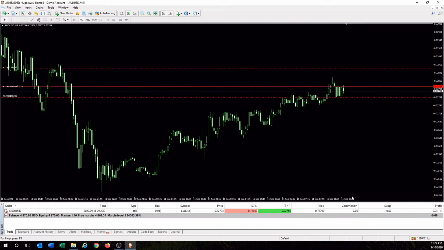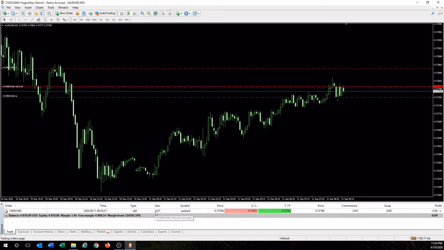And then brokers also charge a small commission. They charge $5 per one lot, but one lot is huge. We're not trading one lot. As your trade position size is smaller, the commission the broker is charging you is going to be smaller. So on this trade, we're being charged 5 cents to place a trade.